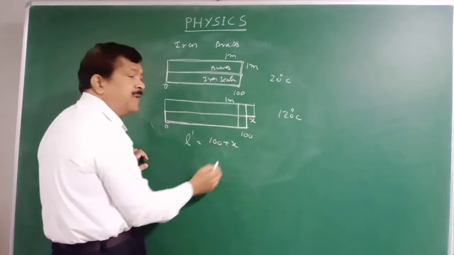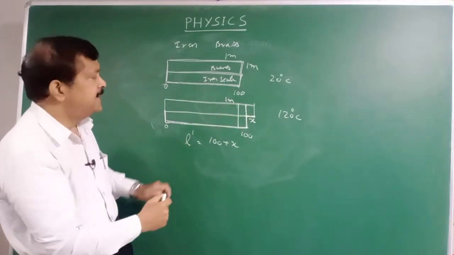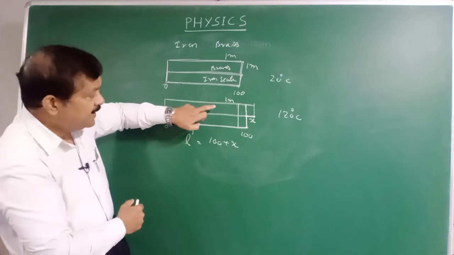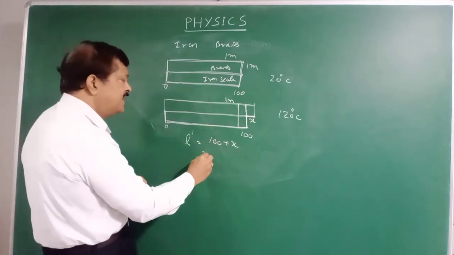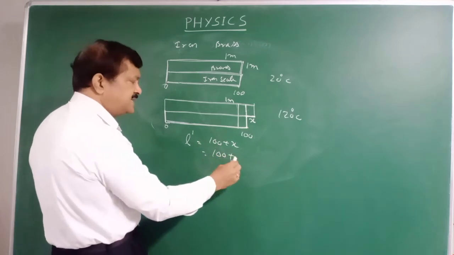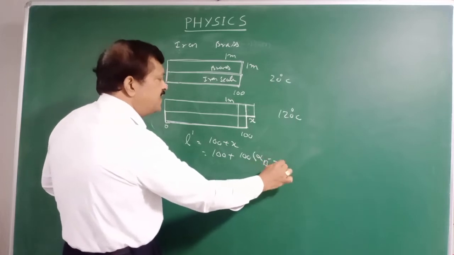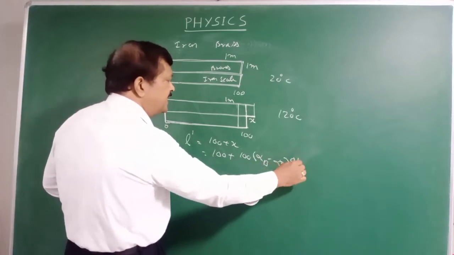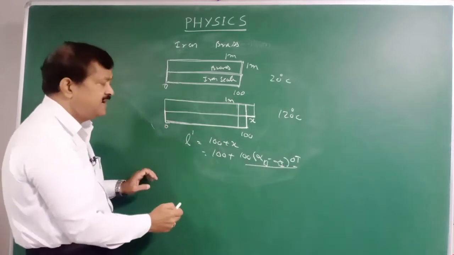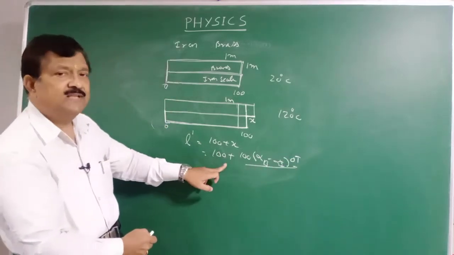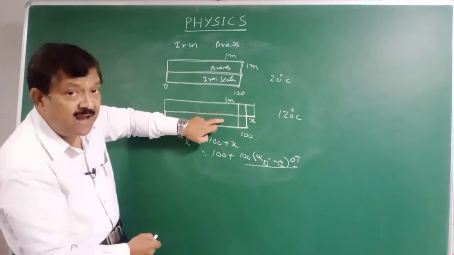So this is the additional part, and that additional part is nothing but the differential expansion of the brass rod and the iron scale. The differential expansion must be added. So this is 100 plus 100 times (alpha of brass minus alpha of iron) multiplied by the change in temperature, delta T. So just by adding this differential expansion, you can measure the length of the brass rod as per this iron scale.